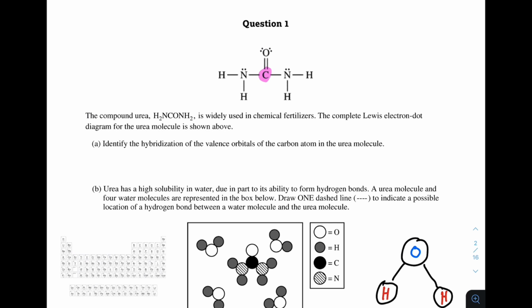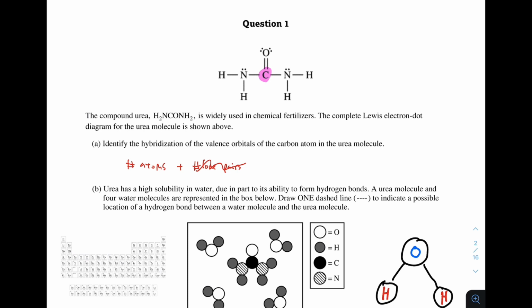And to do this, we're going to need to add up the number of atoms plus the number of valence lone electron pairs. However, this carbon atom does not have any lone pairs, so we don't have to worry about that at all. Instead, we can just look at the number of atoms.